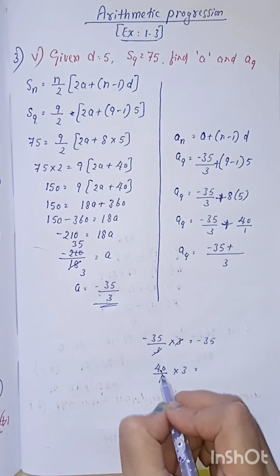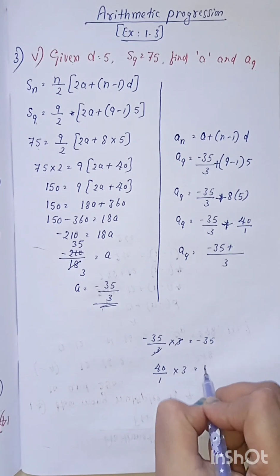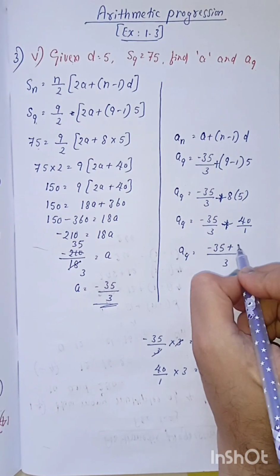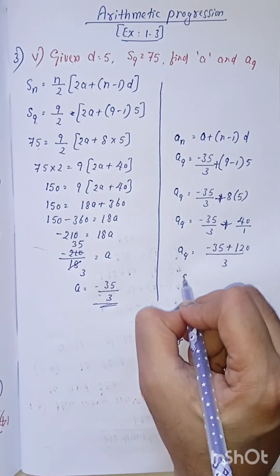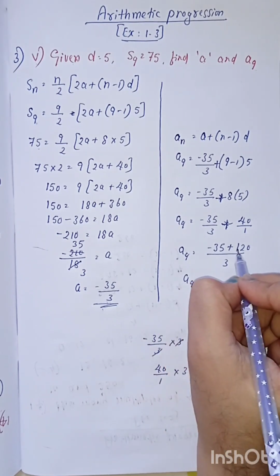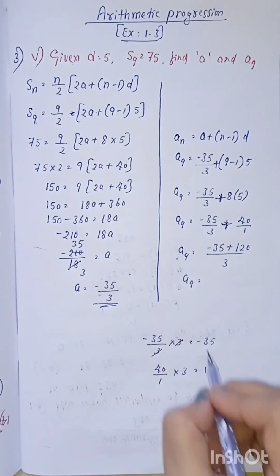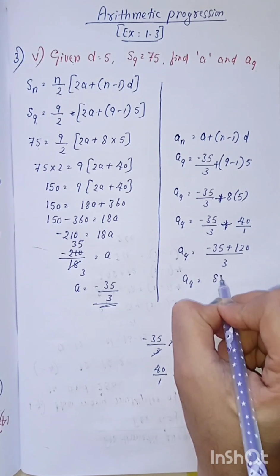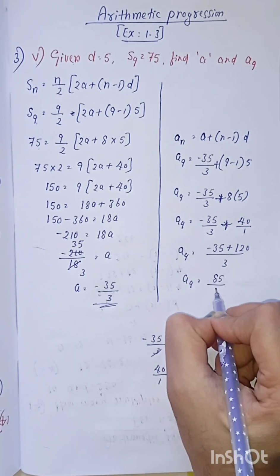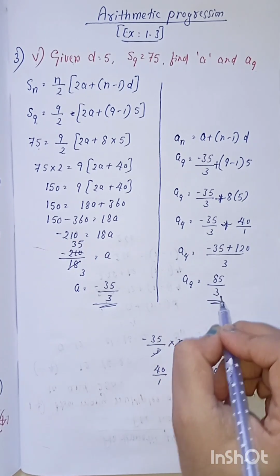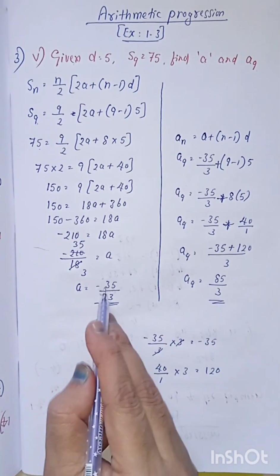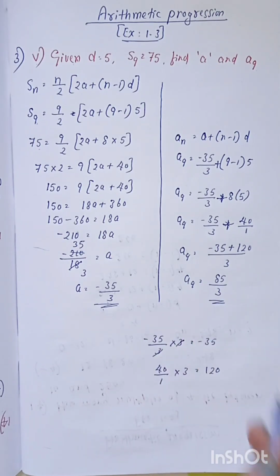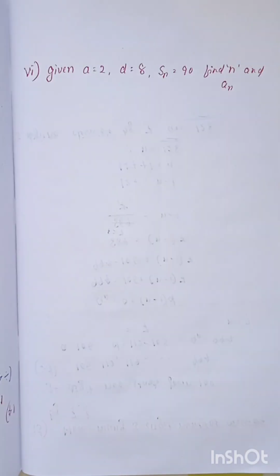The denominator is not necessary. 40 3s are 120, so I will write 120 here. Now a9 equals minus 35 plus 120. Unlike sign we have to subtract, 120 minus 35, we will get 85, 3 as it is. So it is the answer for a9. a is minus 35 by 3 and a9 is 85 by 3.